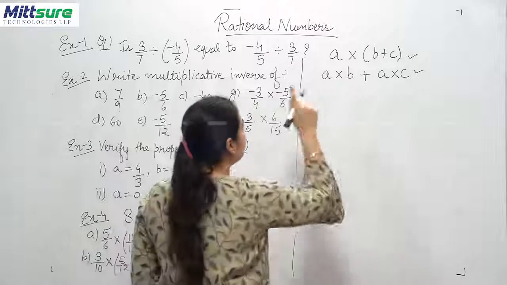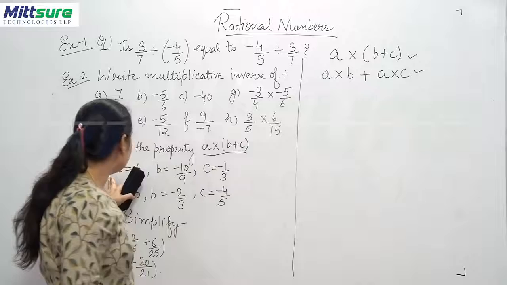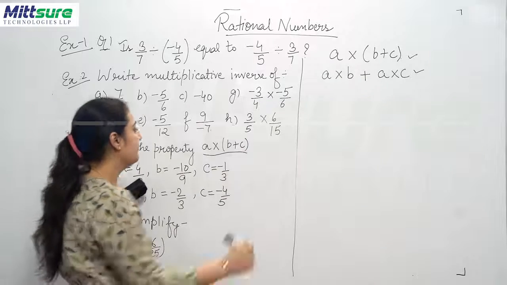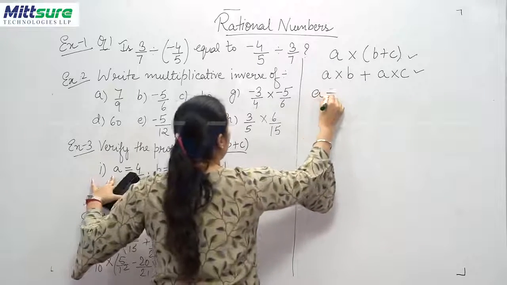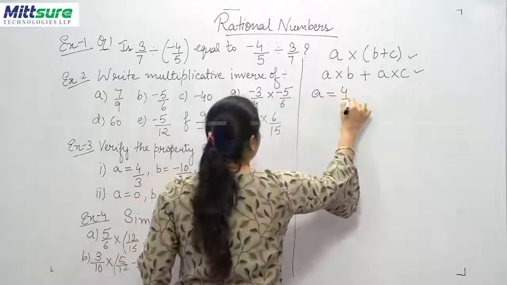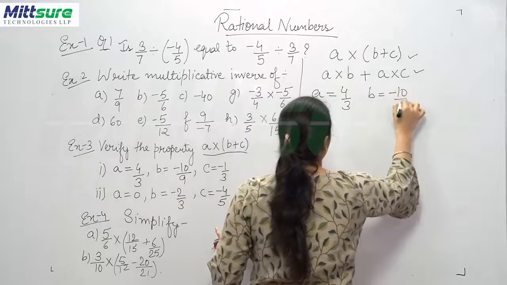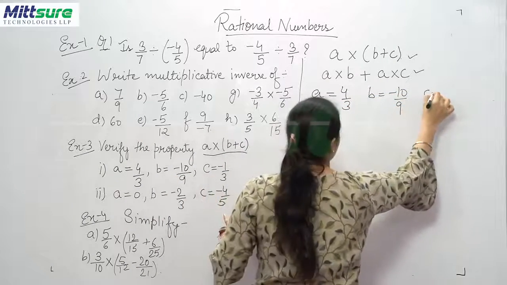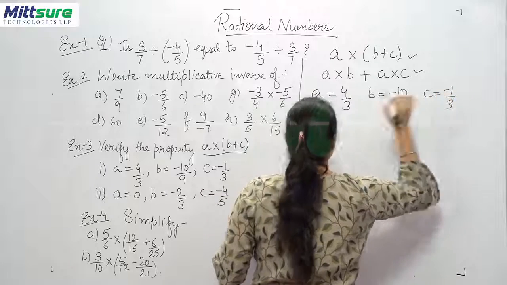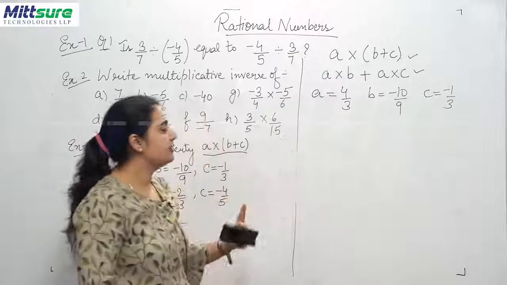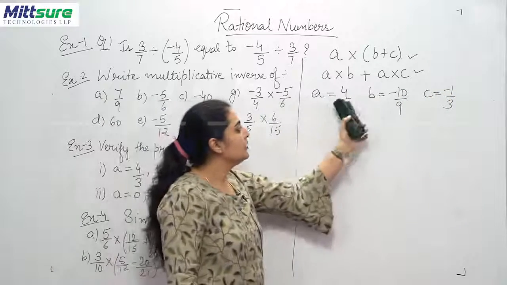Okay, so first we'll take question number 1 where the value of A is 4 upon 3, B is minus 10 upon 9, C is minus 1 upon 3.